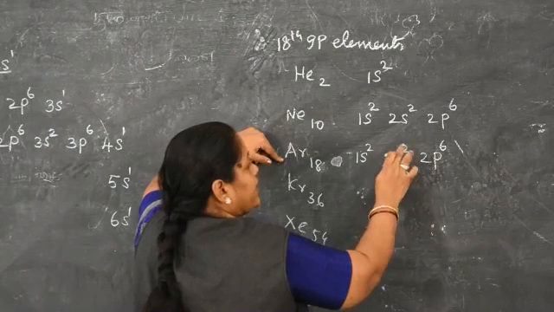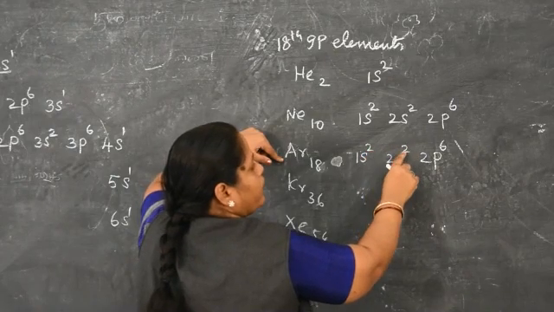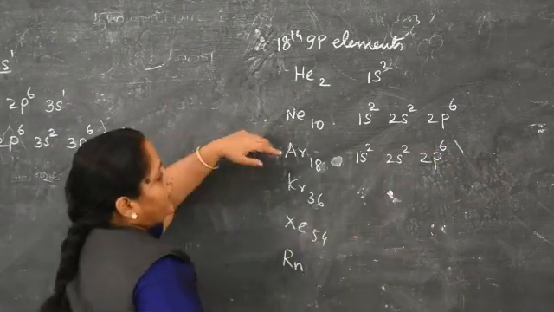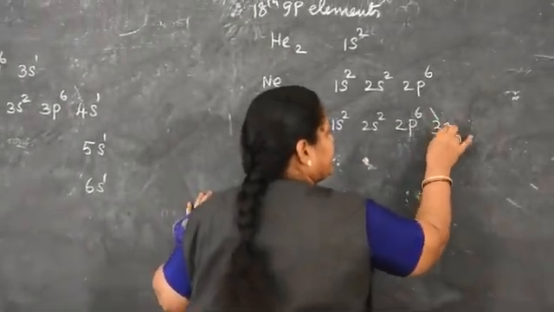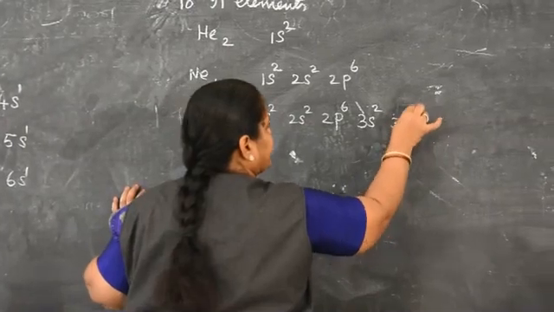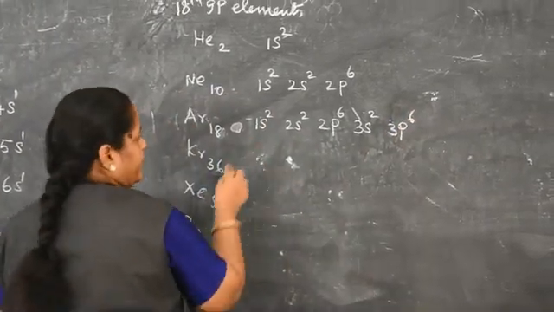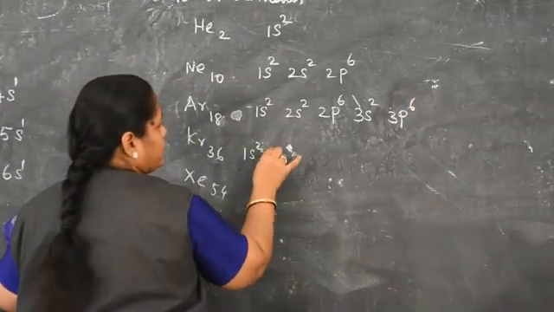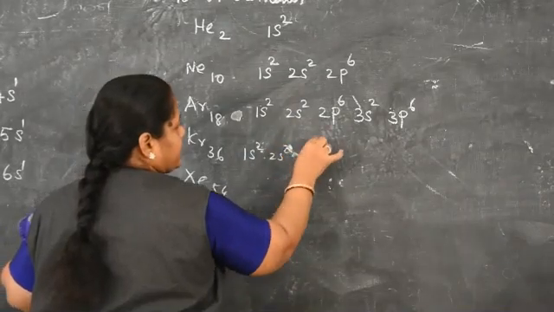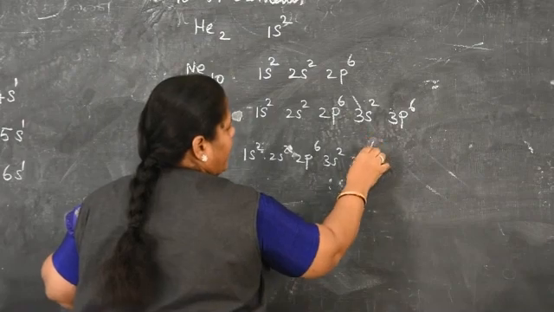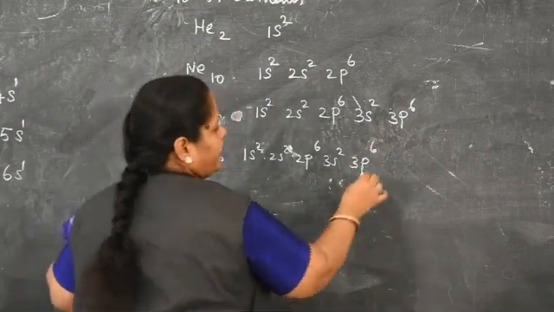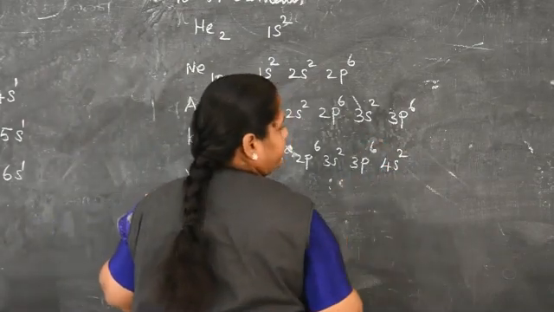Argon: 1s2, 2s2, 2p6. Totally how many electrons are completed? 2, 2, 4, 10. How many remain? 8 electrons. These enter the third energy level: 3s2, 3p6. Like that, for krypton I write 1s2, 2s2, 2p6, 3s2, 3p6. After filling 3p6, we enter 4s2.